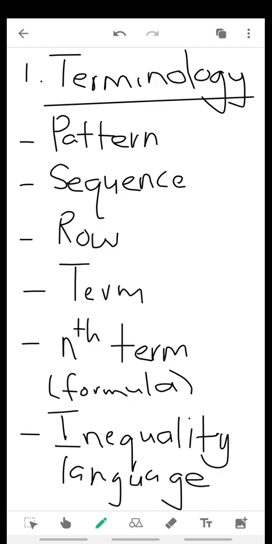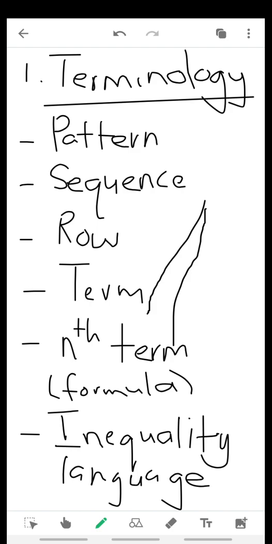What is a pattern? You may find that I have numbers arranged in a row, for example, 2, 4, 6, 8, 10. What is it that we notice? Starting with the first number, we keep on adding 2 to get the next number. Those numbers that we get, we call them terms.